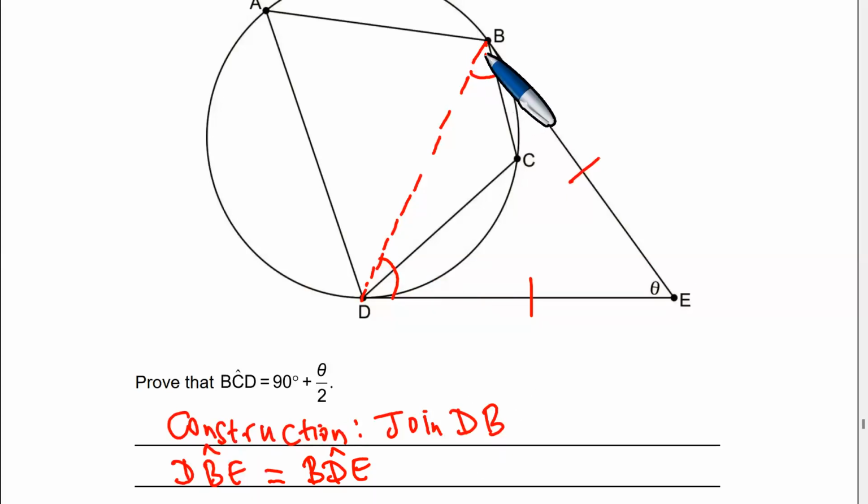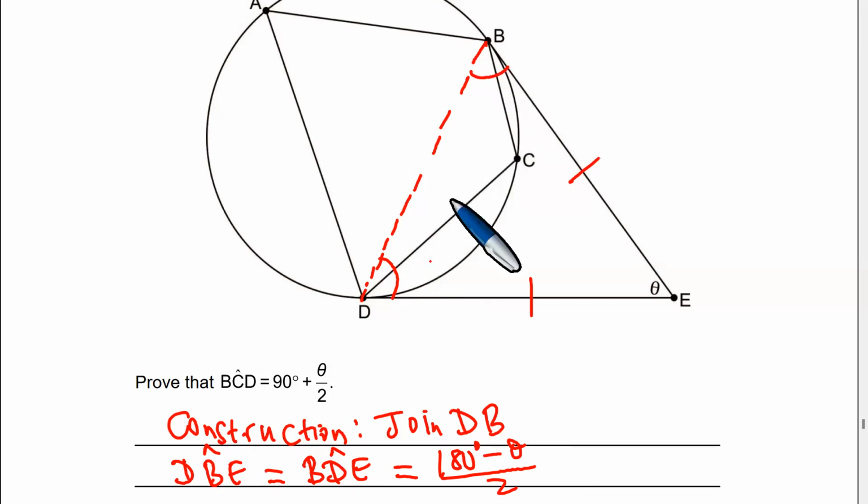So we have that these base angles are equal to each other. And if they are equal to each other, what do we then say? Because these are two angles, we can just say 180 degrees is the sum of the angles in the triangle. From 180 degrees, we just subtract only one angle, which is this one, and then we divide this difference by 2. It will give us exactly the size of each of these angles here.